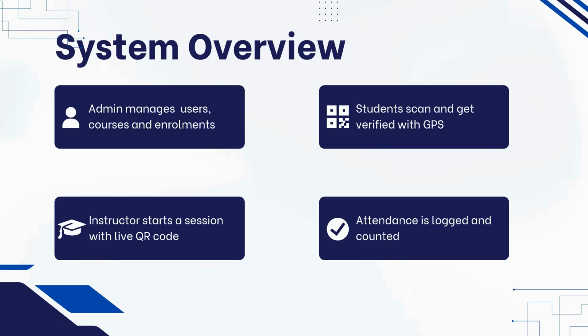That code is shown on the screen and refreshes every 10 seconds, which is great for preventing screenshots. Then the students can scan the code using the front-end interface, and the system checks the location. If everything is okay, the attendance gets recorded and the count increases. All of this happens in real time, and the instructor can see a live status of who has checked in and who hasn't.